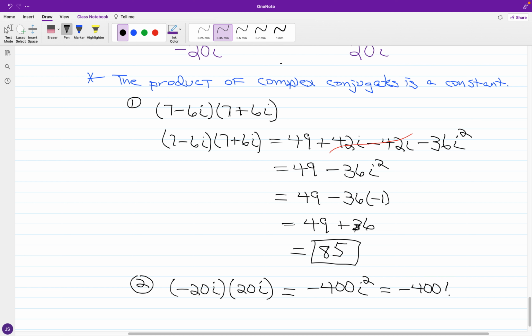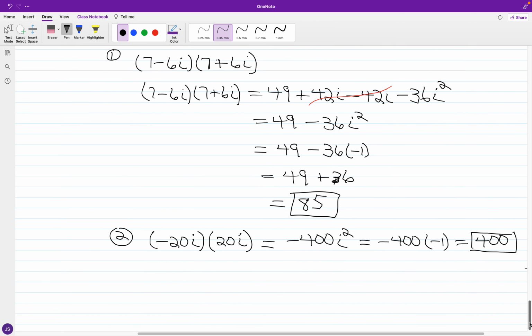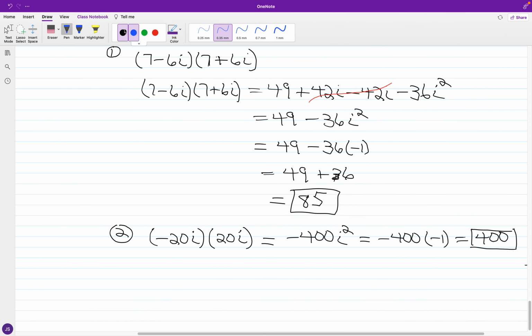And i squared, again, is going to be negative 1. And we have negative 400 times negative 1. And this will come out to 400. Okay, so you've got the product of conjugates.